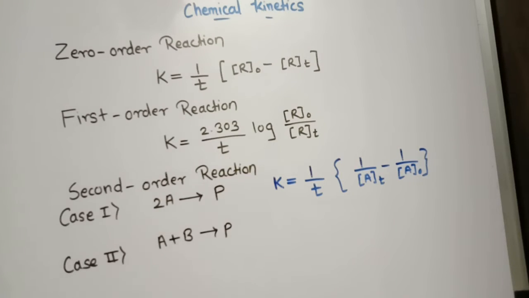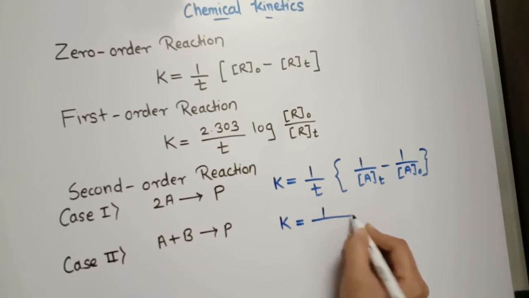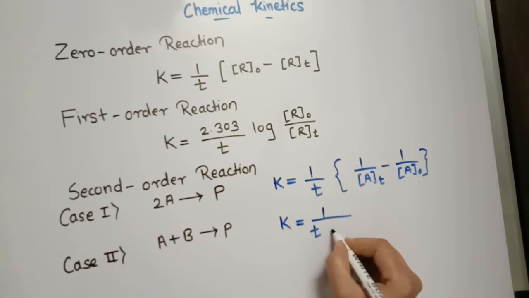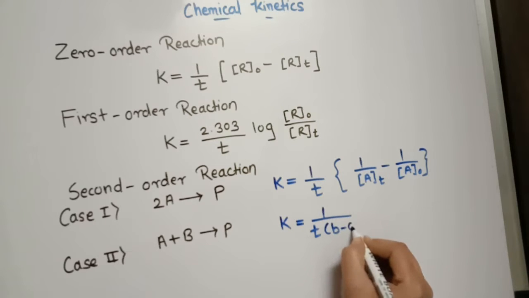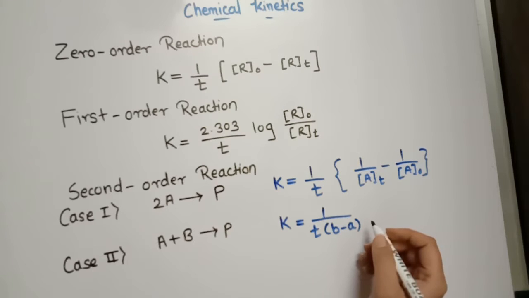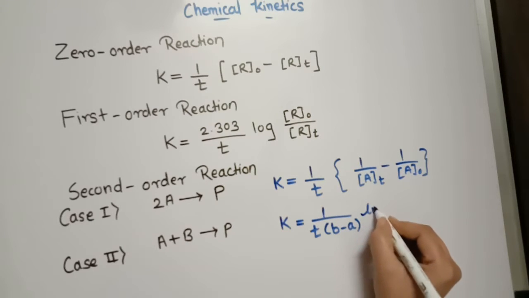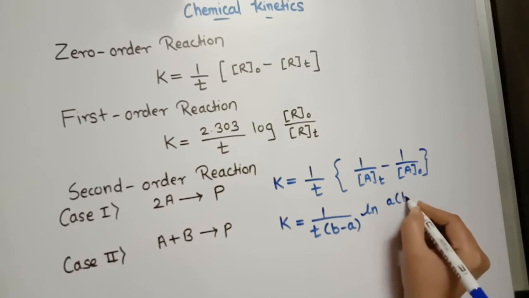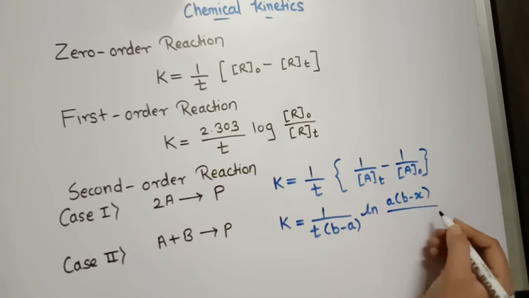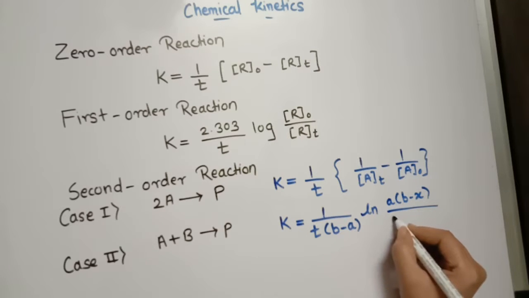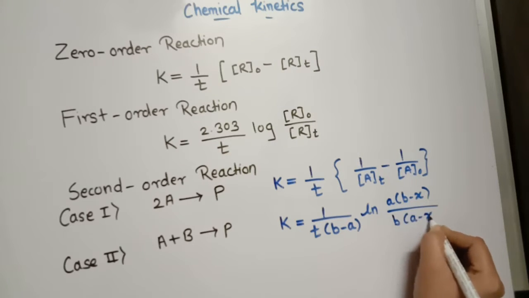For such a reaction, the reactants are not the same, so the equation is like this: K is equal to 1 upon t into the bracket (B minus A), ln of A(B minus x) upon B(A minus x).